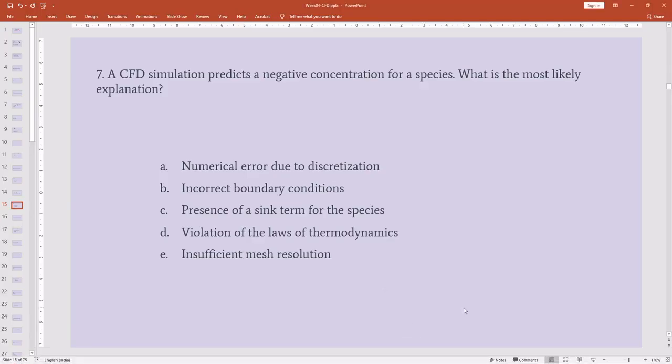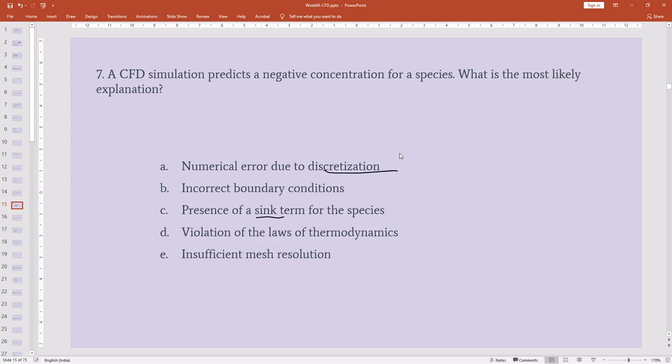Yeah, actually, that is a catch. When we see the sink term in the options, we will directly go for that. Actually, the first and important cause for any negative concentration, or in the case of temperature, negative temperature or temperature inversion, is the discretization fault. We have seen how we are discretizing the equation.